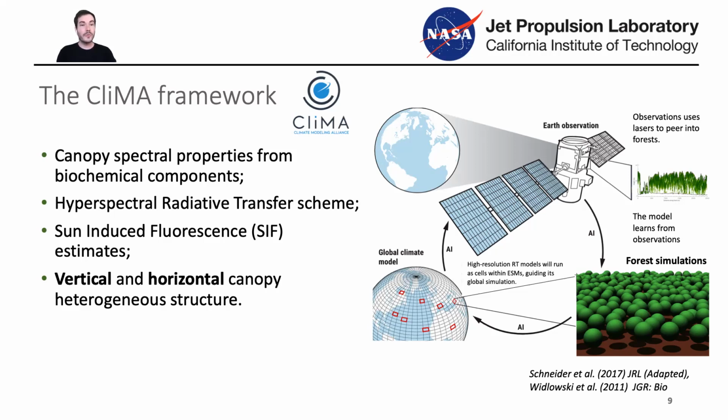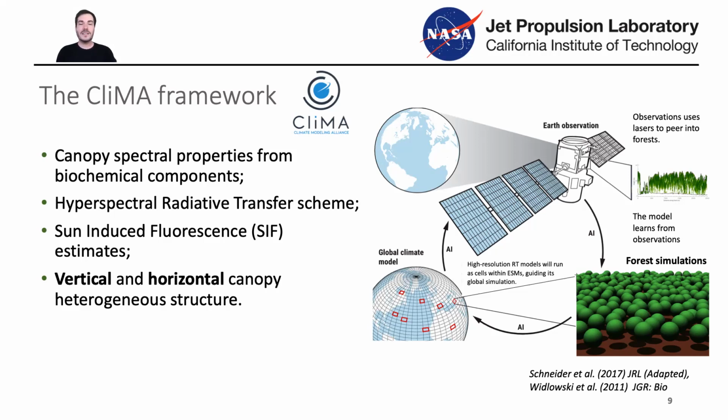Another thing we want to move away from is the idea that the radiative transfer scheme has to be resolved in two broad bands. We want a radiative transfer scheme that is instead hyperspectral, so we can be directly comparable to observed data.